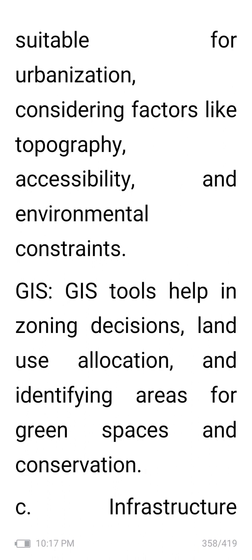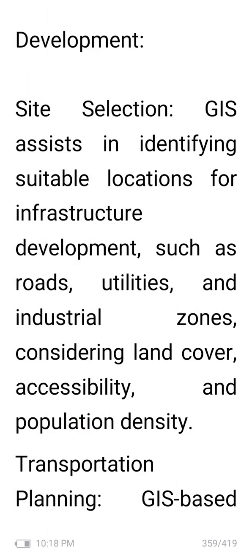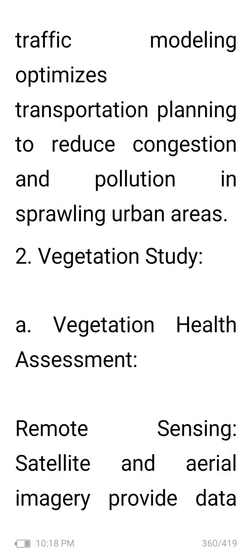Then infrastructure development, site selection: GIS assists in identifying suitable locations for infrastructure development such as roads, utilities, and industrial zones, considering land cover, accessibility, and population density. Then transportation planning: GIS-based traffic modeling optimizes transportation planning to reduce congestion and pollution in sprawling urban areas.